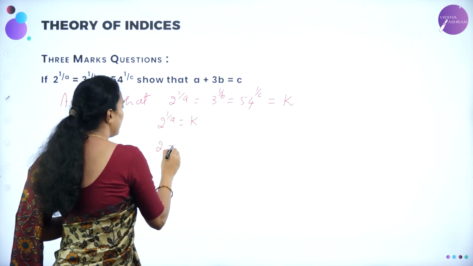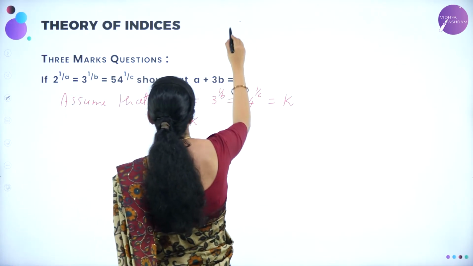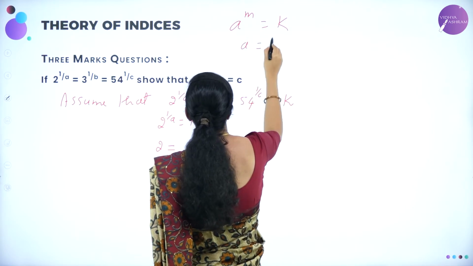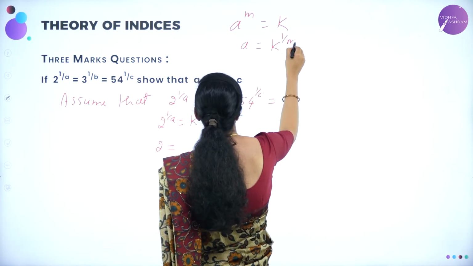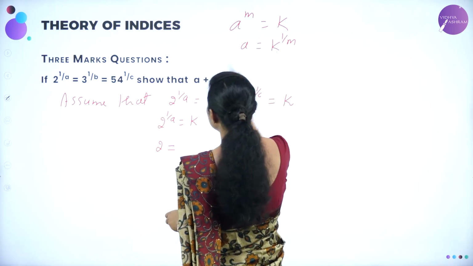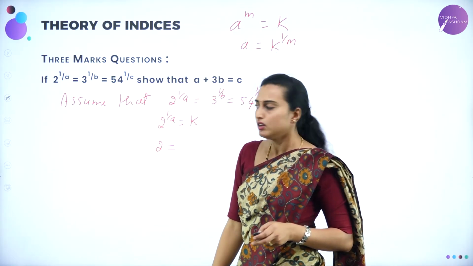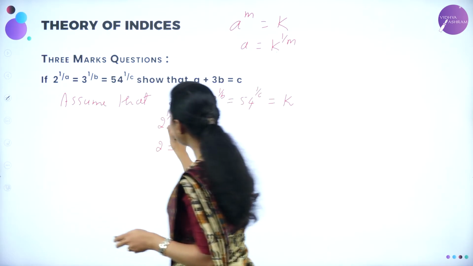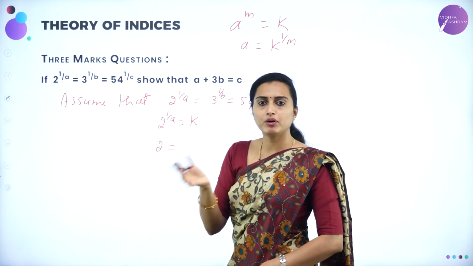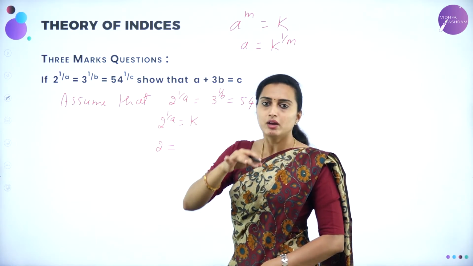Now I told you a to the power of m is equal to k means a will be k to the power of 1 by m. If k to the power of 1 by m is equal to a, means k will be a to the power of m. So therefore, you are going to have 2 to the power of 1 by a. If it comes to this side, the power will become a, the reciprocal.